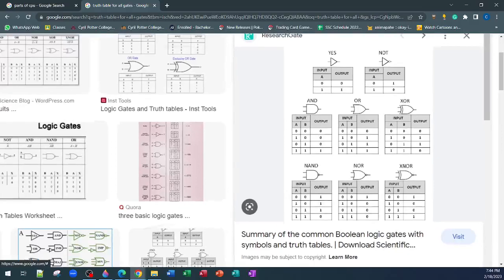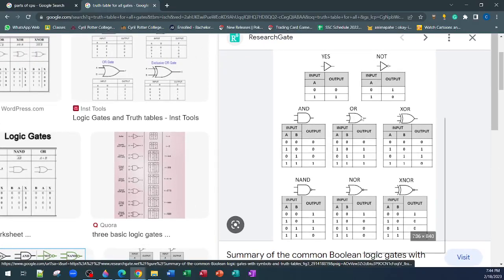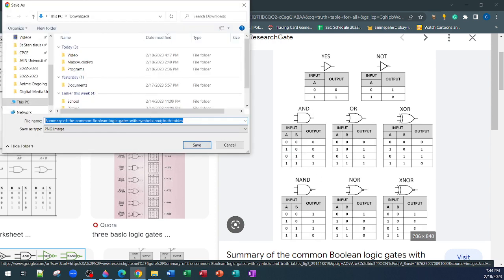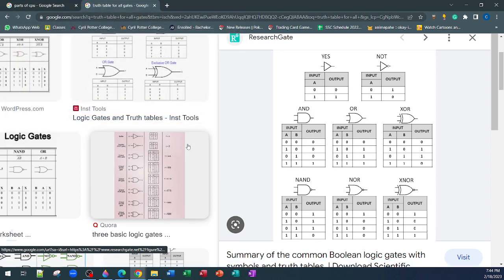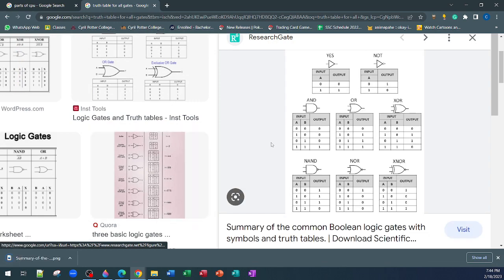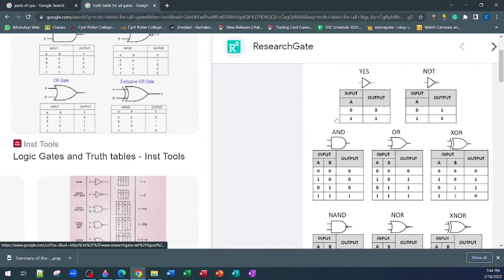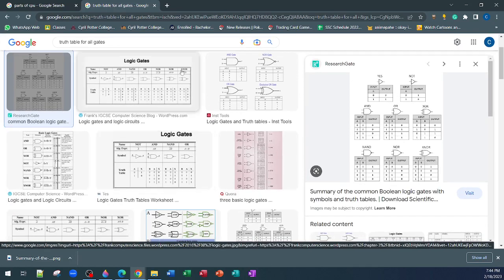Yeah, this is what I'm looking for. I'm going to send you guys this table later, and so it's going to help you to remember it. So let me open the image.